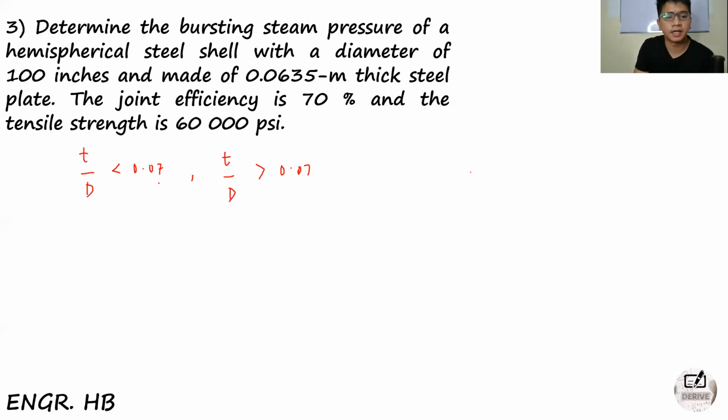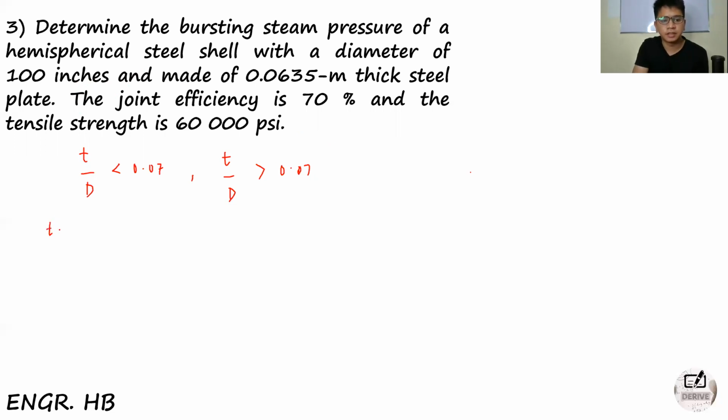So, kailangan malaman muna natin yung restriction niya. So, meron tayong thickness na 0.635. So, convert muna natin sa inches, kasi lahat ng value ay naka-inches, tas PSI pa yung pressure mo, which is pounds per inches squared.